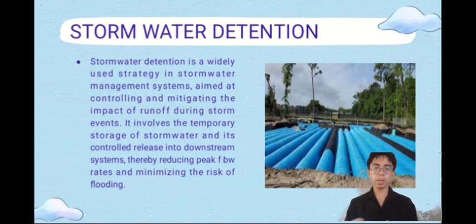By delaying the release of stormwater, these systems prevent downstream flooding, minimize erosion, and reduce the risk of overwhelming stormwater drains. Detention systems do not aim to reduce the total volume of runoff significantly. Instead, they focus on timing the water release to align with the capacity of the downstream systems.